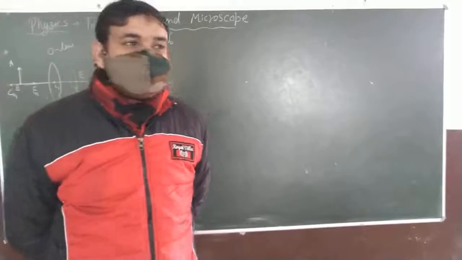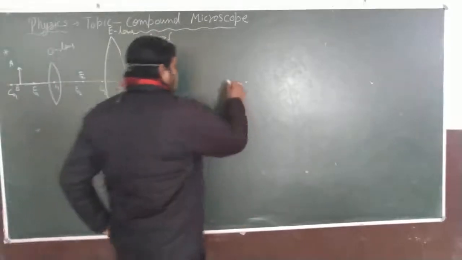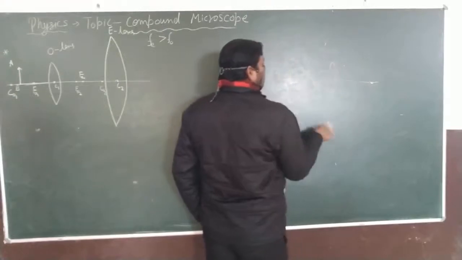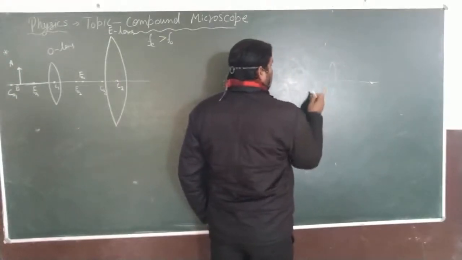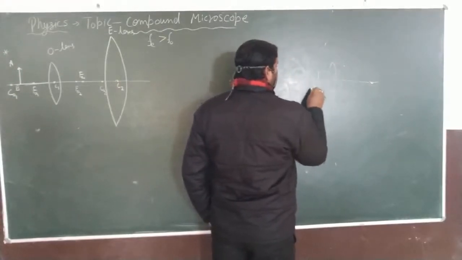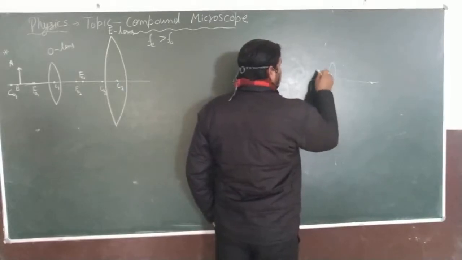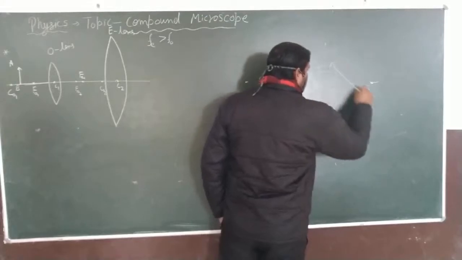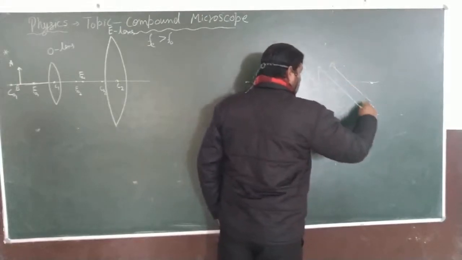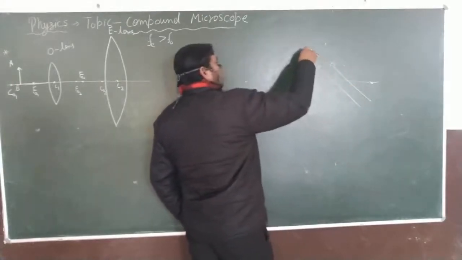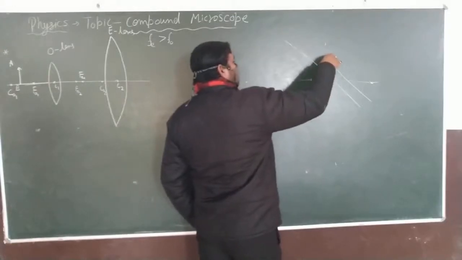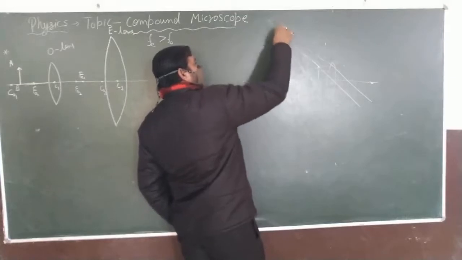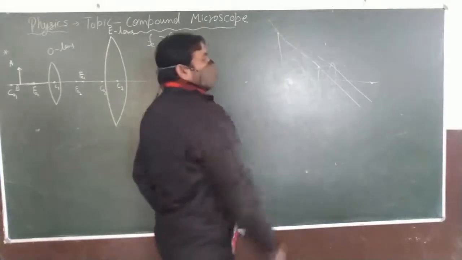As we learned, if an object in front of a magnifying glass is placed in between its focus and optical center, it would form a larger image than the object.